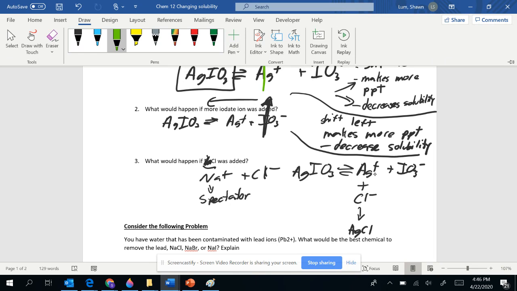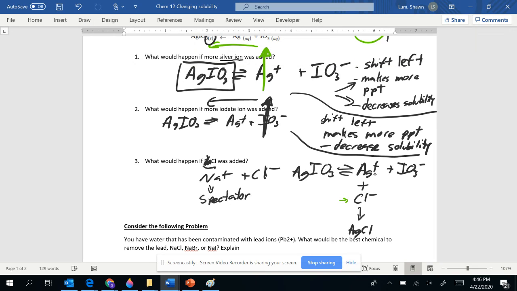What is happening is that since this Cl is going to be using this Ag up, it's going to effectively decrease the concentration of Ag. Since it decreases the concentration of Ag, again, steering wheel: here's the center, and this side is going down, so it's going to shift right. The reason it's shifting right is because Cl is decreasing the concentration of silver ions, Ag plus ions.